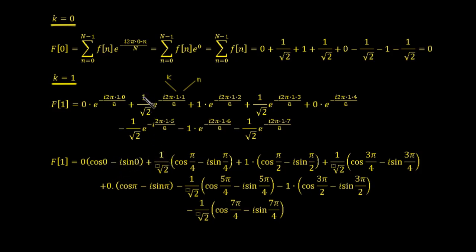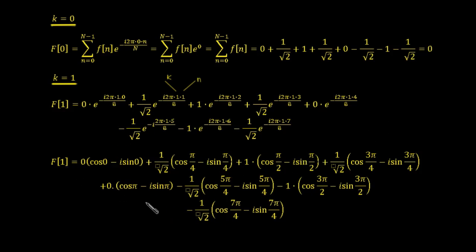And we do the same with the next one, it's 1 upon root 2, and it's going to be cos of, now this becomes 2 pi upon 8, which is pi upon 4, minus i sine pi upon 4, and then the next one becomes cos pi upon 2 minus i sine pi upon 2, then 3 pi upon 4, and 3 pi upon 4, and the next one is going to be 0 times cos of pi, sine of pi, and then it's 5 pi by 4, and then 3 pi by 2, 3 pi by 2, 7 pi by 4, 7 pi by 4. So all we're doing is just working our way round the circle in intervals of pi by 4.